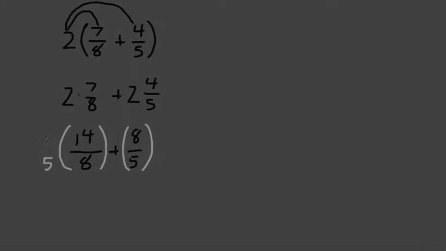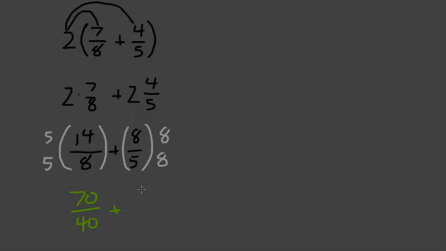So put that there, and put that there, and then this is 8, 8 there, and 8 there. Now, when we times them together, we're going to get, let's see here, 5 times 10 is 50, and then 5 times 4 is 20, so that's going to be 70 over 40.